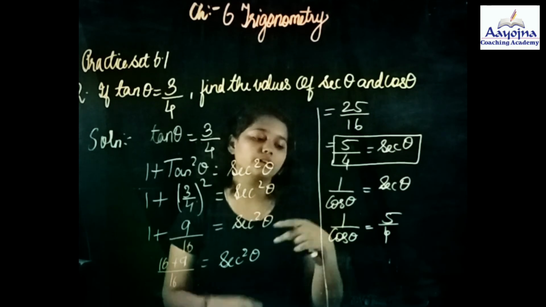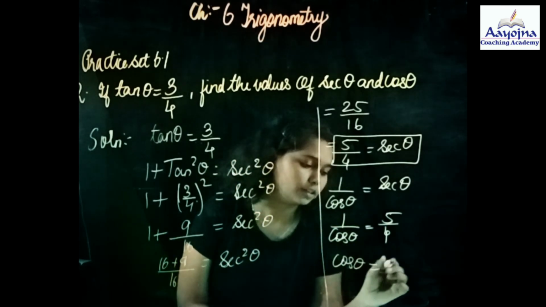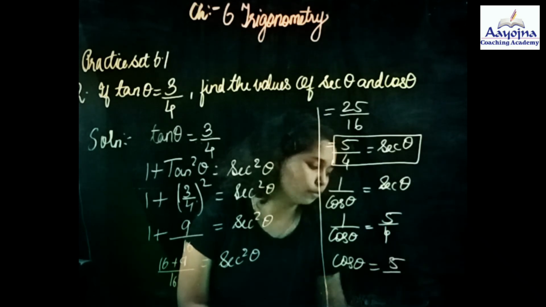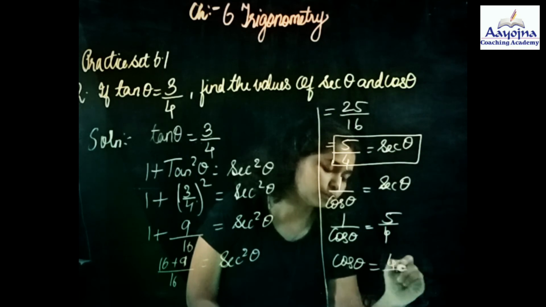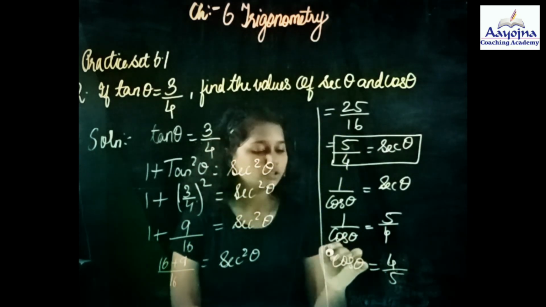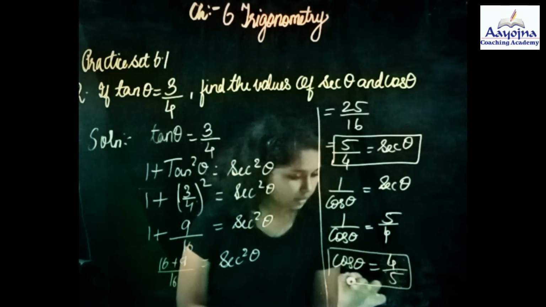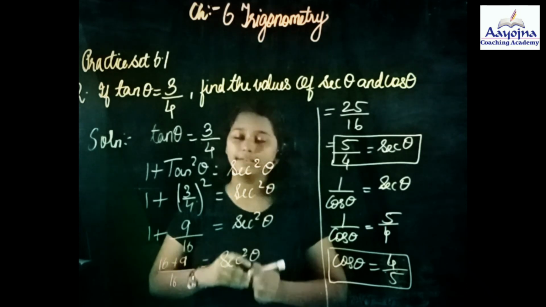So now here we will reciprocate. So it will be cos theta is equal to 4 upon 5. Here there is a 1 upon, which we don't usually consider. So we got the value for cos theta, that is 4 upon 5. So here we solved the second one using the identities method.